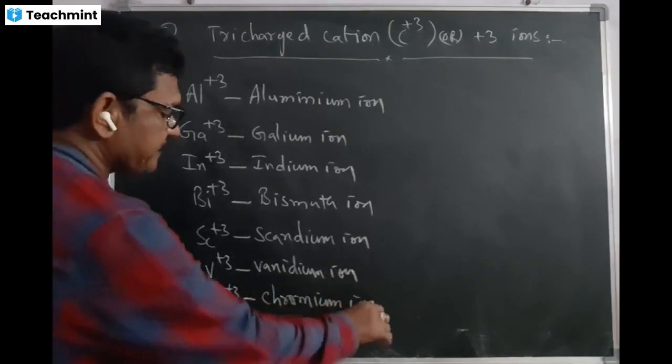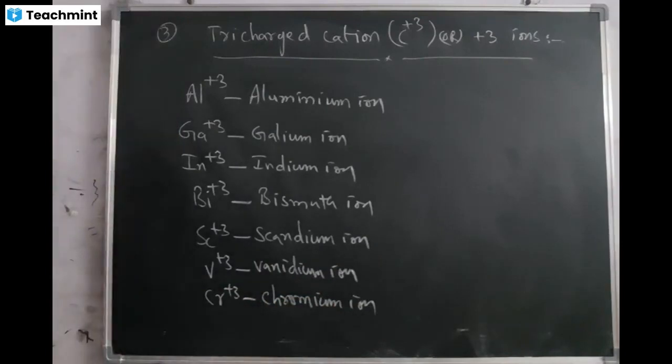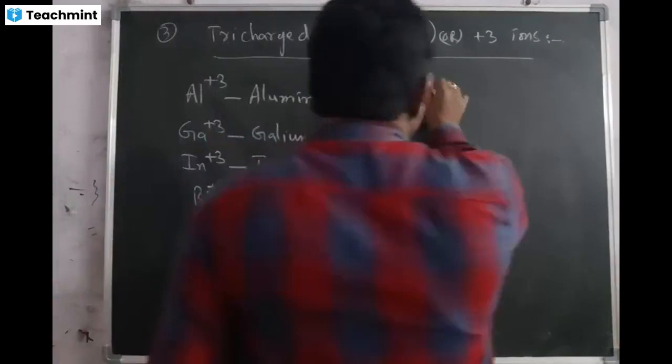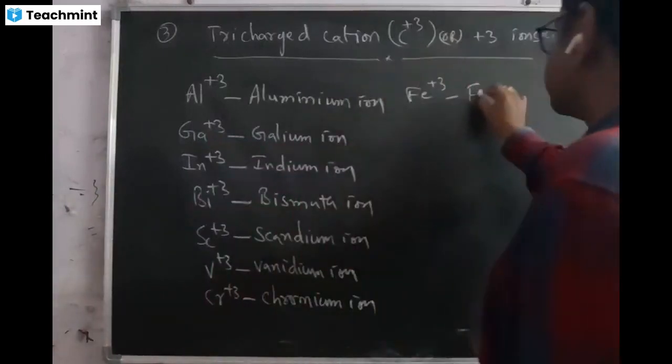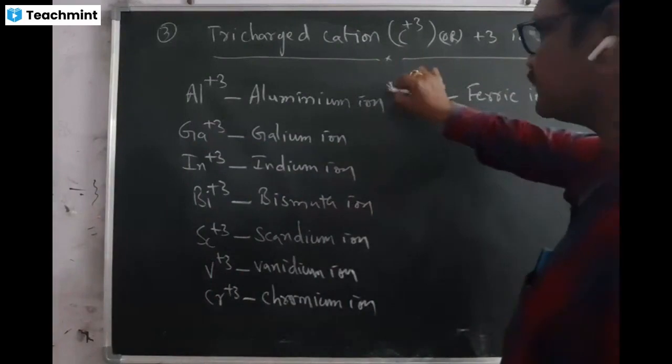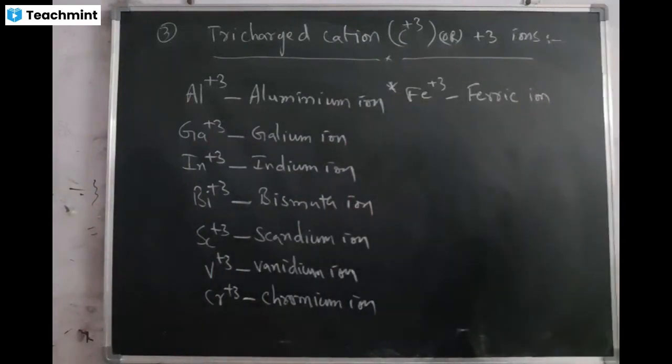Cr plus three, chromium ion. Okay, Fe plus three. This is called ferric ion. You remember it, it is important.